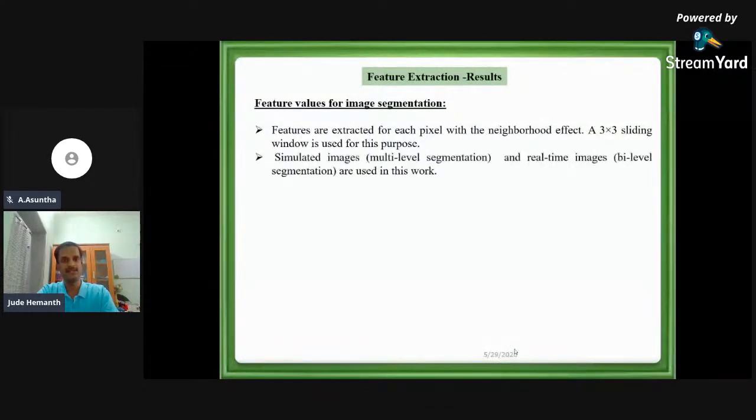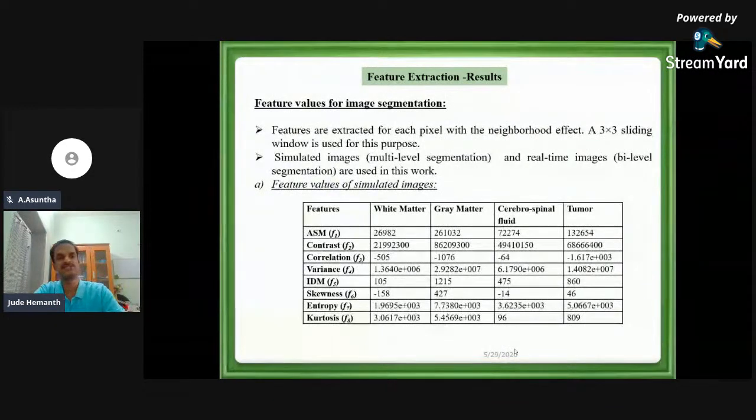Similarly, you go for image segmentation. Now, the problem with image segmentation is how to do feature extraction, because the formula is for the whole image. But when you go for a segmentation process, each pixel has to be considered. So for a pixel, you can take a 3 cross 3 window. That means you take a center pixel, and along with the center pixel, you take its neighboring pixels, 3 cross 3.